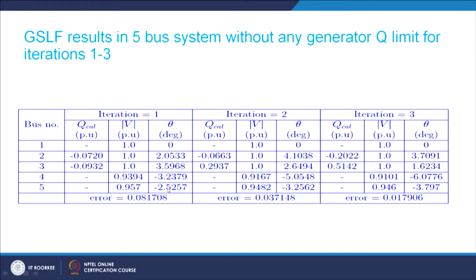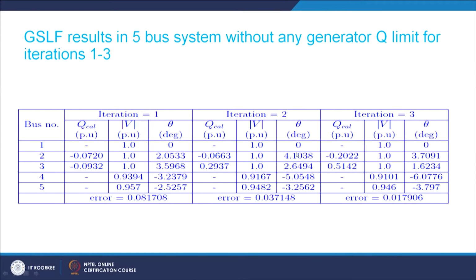So, we go to the second iteration, again we recalculate Qcal for bus 2 and bus 3. Now, these are changing quite a bit, but still they are well within the limits for bus 2 and bus 3. So, again the bus voltage magnitudes for these two buses are maintained at 1.0 and their angles are getting changed.